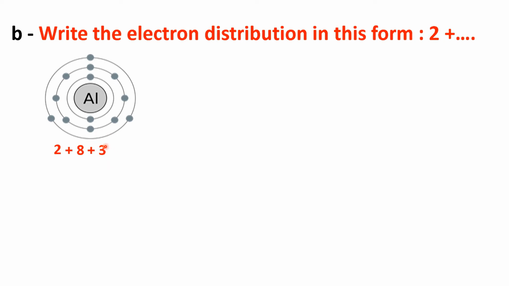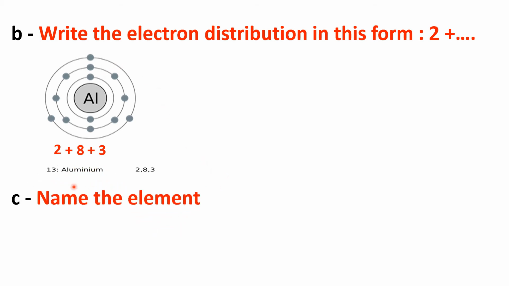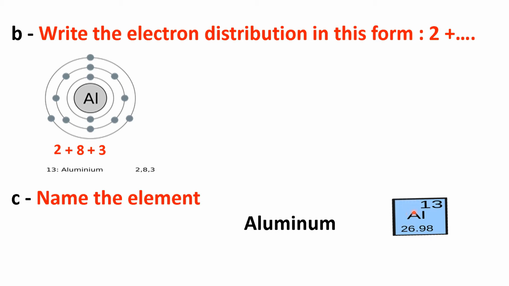So 3 is the valency electrons. This means that there are 3 electrons in the outer shell. The atomic number 13, aluminum, 2,8,3. C. Name the element. Aluminum, atomic number 13.